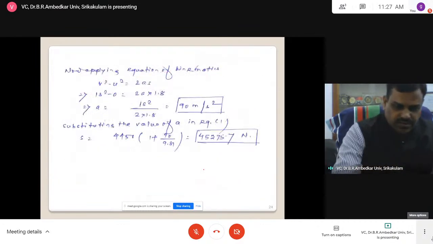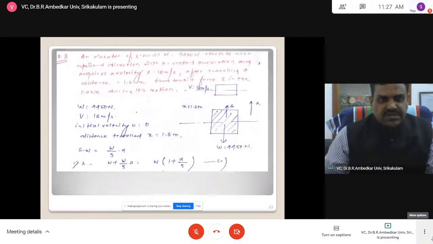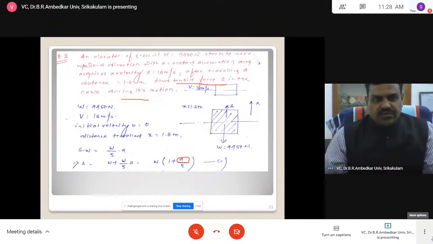Now here what is asked is to find the tension in the cable during the motion. Here A is an unknown till now. Initial velocity is given, final velocity is given, distance is given, and the acceleration is constant.